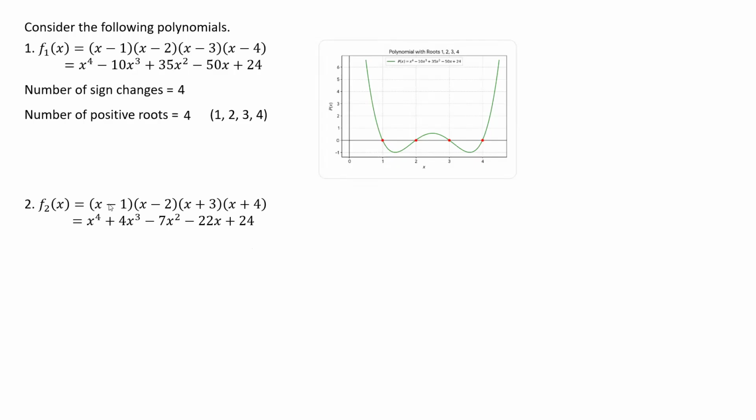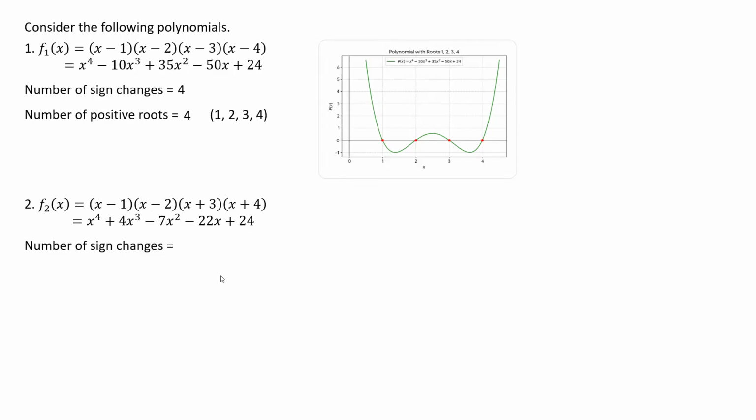Now, I picked another polynomial where two of these roots would be 1 and 2. Those are the positive roots. But the other two roots are negative ones, negative 3 and negative 4. So what happens in this case? How does Descartes' rule of signs work in this case? Let's see. Sign changes: positive, positive, negative, so one sign change; negative, positive, so one sign change here and another sign change here.